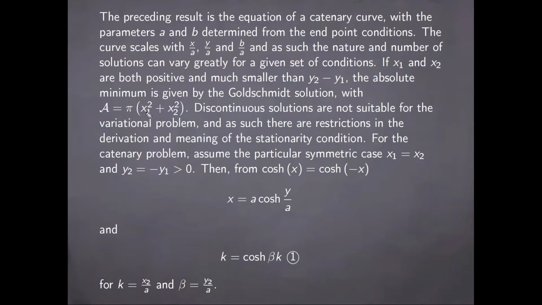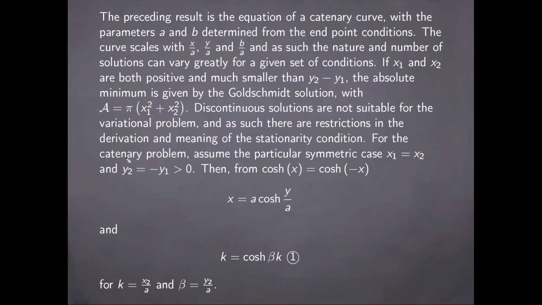So it's the disk of radius x1 and the disk of radius x2, and these are summed up because they are connected, in the case of the Goldschmidt solution, by a degenerate straight line between the centers of the disks. This is a discontinuous solution, and such solutions are not suitable for the variational problem. Therefore, there are restrictions in the derivation and meaning of the stationarity condition.